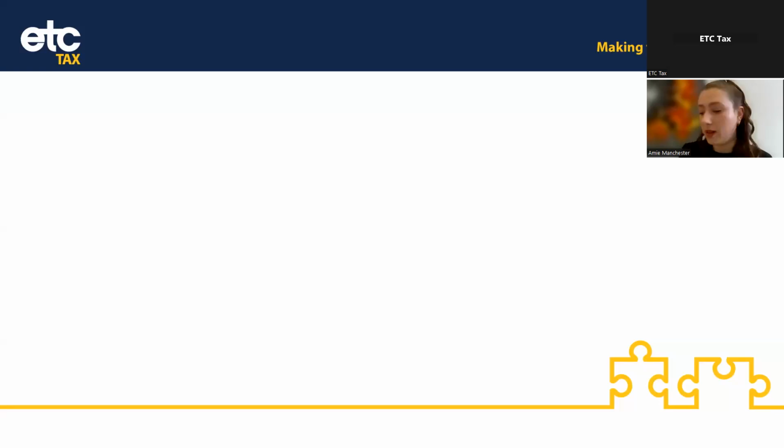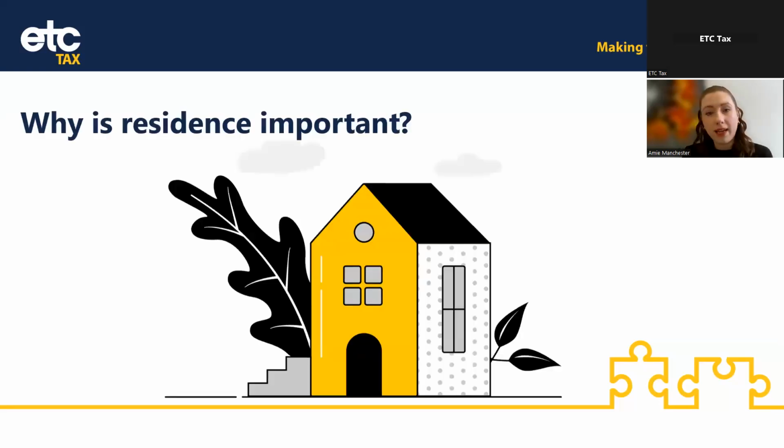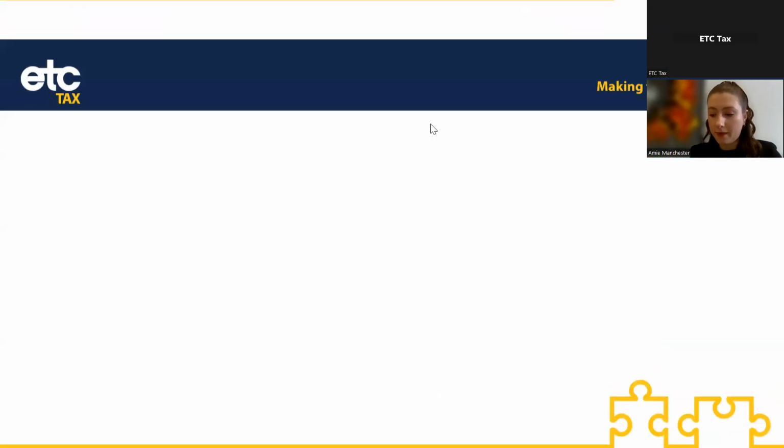So we'll keep going. In terms of the implications, as a UK tax resident, you will be taxable on your worldwide income and gains. As a non-resident, you will only be taxable on any UK work days that you have, along with any UK sourced income, such as rental income. As you can see, there is a big difference between the two, so it is crucial to make sure that the residence is being reviewed correctly.